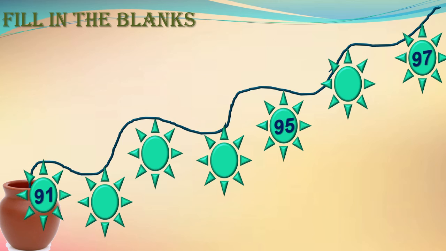After 91, when we add one more to 91, we get 92. Then comes 93. Then our number will be 94. 95 is already given. Then 96. 97 is given. Claps for you.